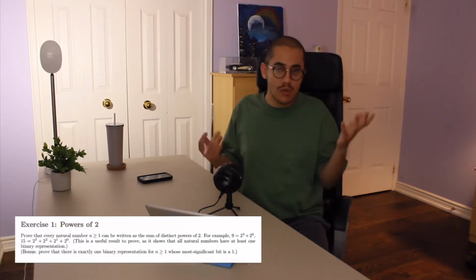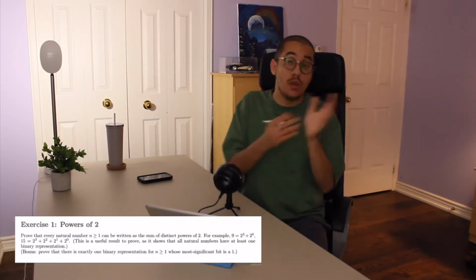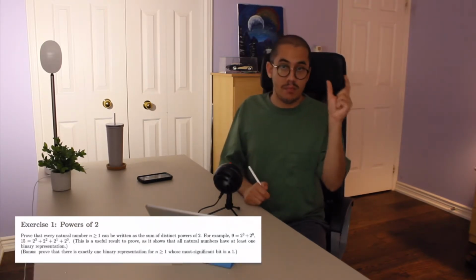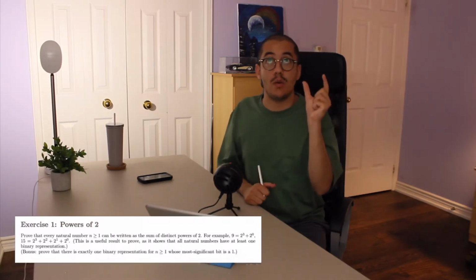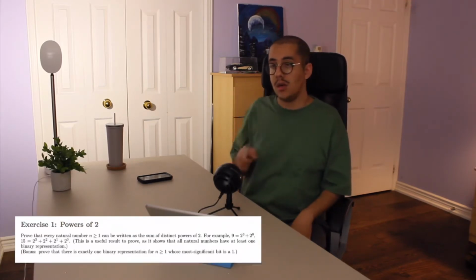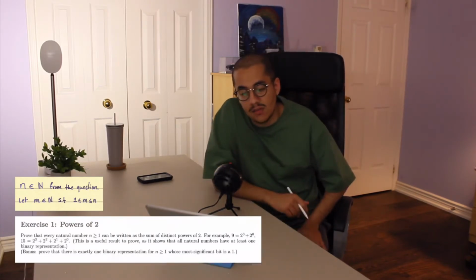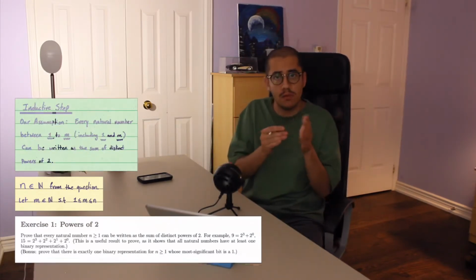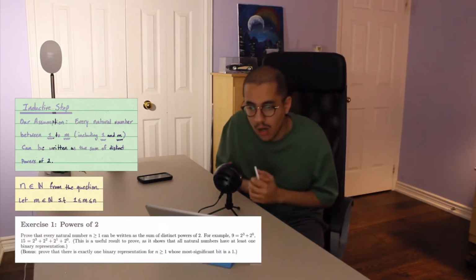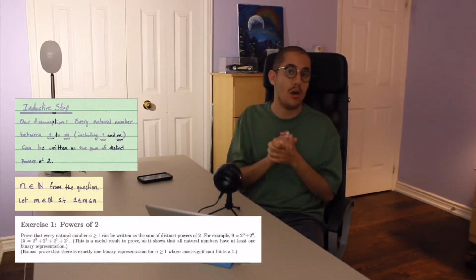I'm going to choose another one, m. m is going to be bigger than or equal to 1, and it's also going to be smaller than or equal to n. And our assumption is that every number from 1 to m can be written as the sum of distinct powers of 2. That's our hypothesis.